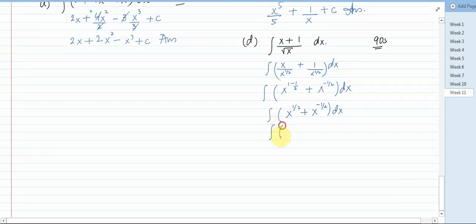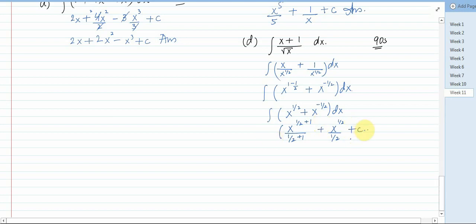x to the power 1 upon 2, and we need to add 1, so it will be 1 upon 2 plus 1, plus x to the power minus 1 upon 2 plus 1, it's 1 upon 2, divided by 1 upon 2, and then plus c we have.